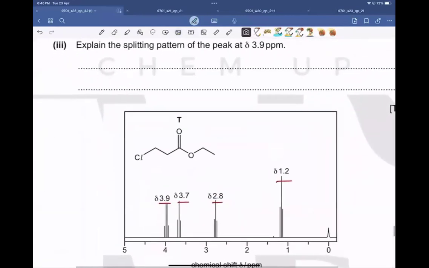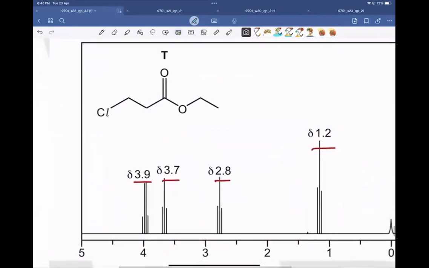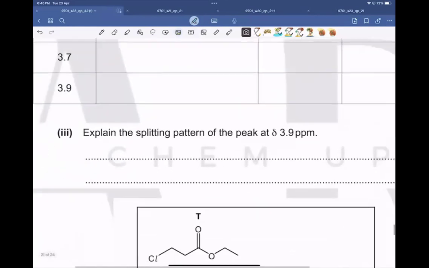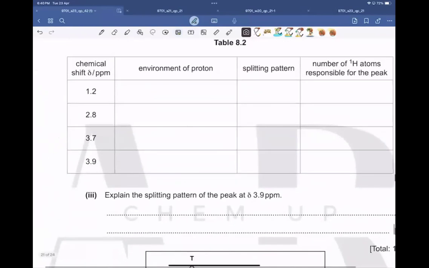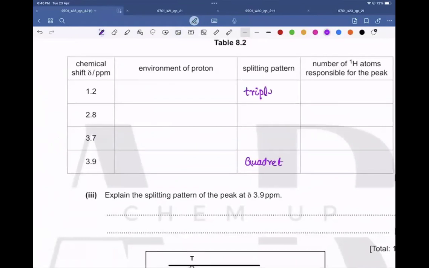If you see the splitting pattern, at 1.2, 2.8 and 3.7 these three are triplets, and at 3.9 it's a quartet, right? Because there are 4 peaks with the ratio of 1:3:3:1. So here we have a quartet, and these three are triplets. Is this clear?